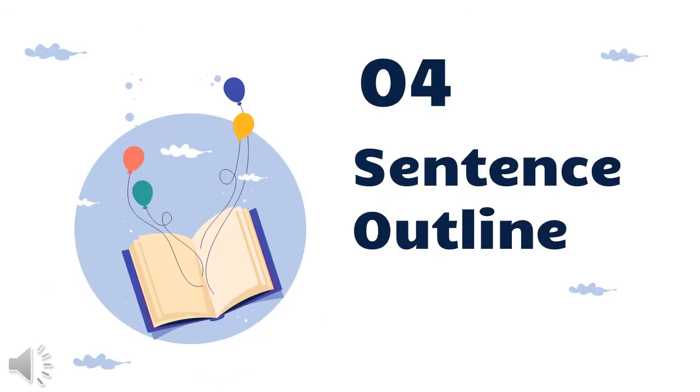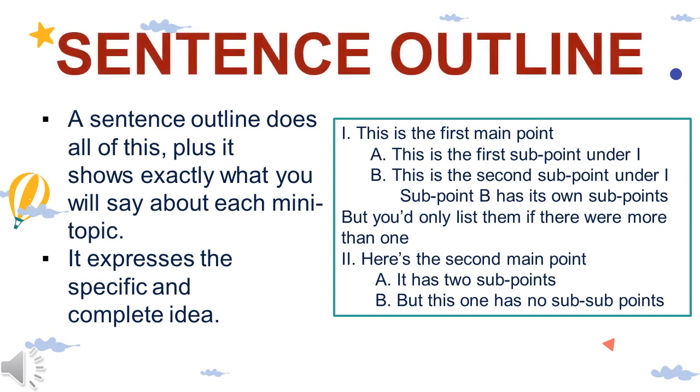Of course, we're down to the last technique in selecting and organizing information. This is what we call a sentence outline, the direct opposite of what we call a topic outline. Here, class, in a sentence outline, the thing that you're going to do really is to show exactly what you will say about each mini topic.